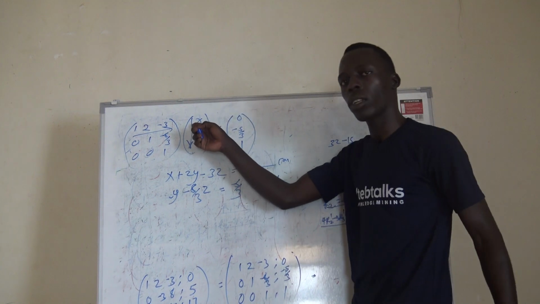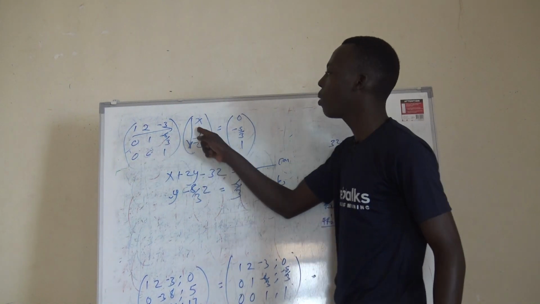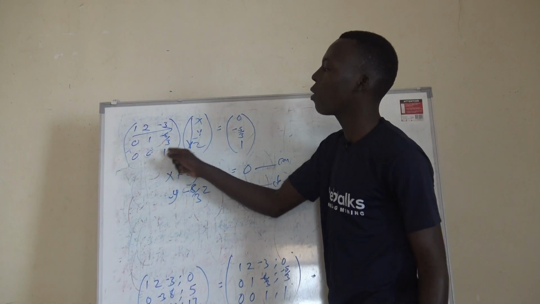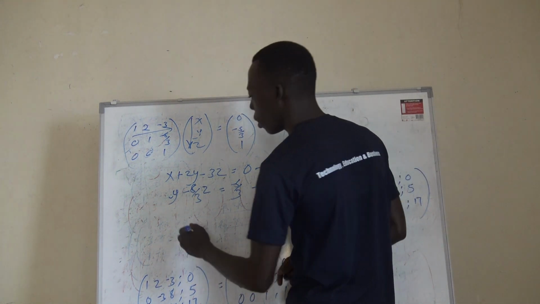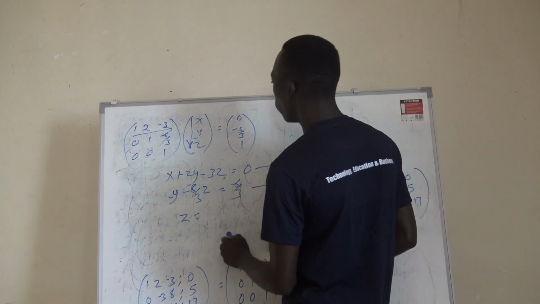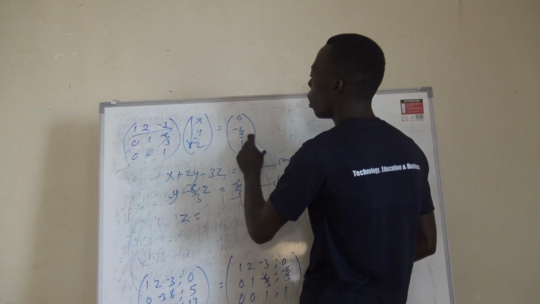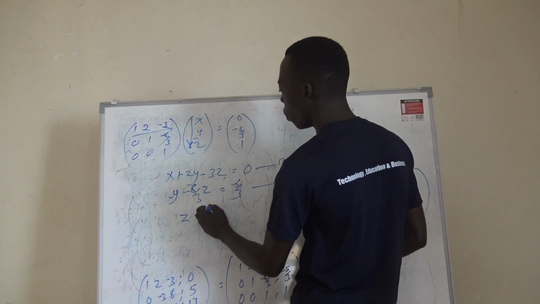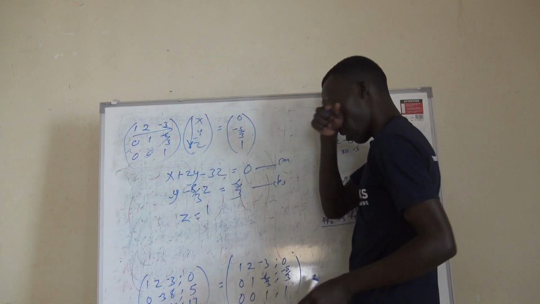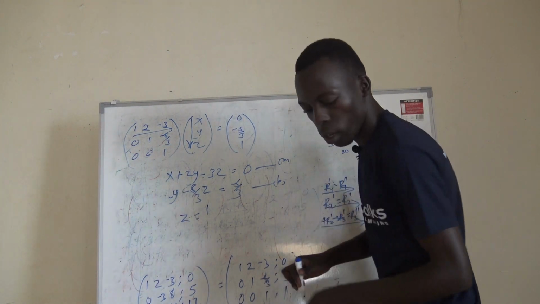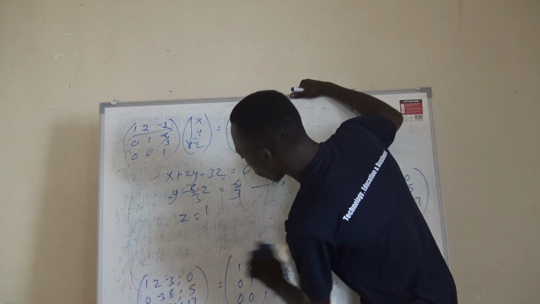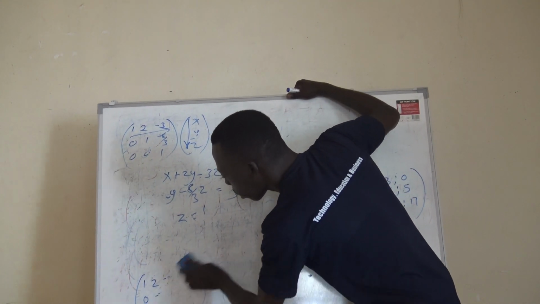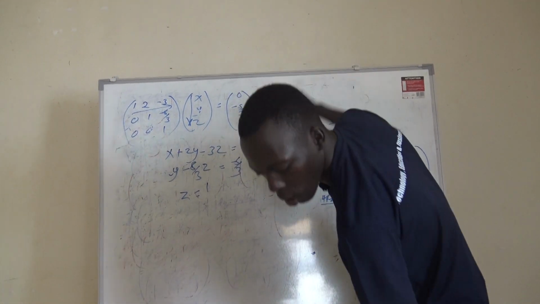This time this, you get a 0. This time this, that is a 0. Then this time this, you get a z. So z will be equal to this one, this side. So it becomes z equals 1. So now after getting that z, substitute in B, get the value of y.